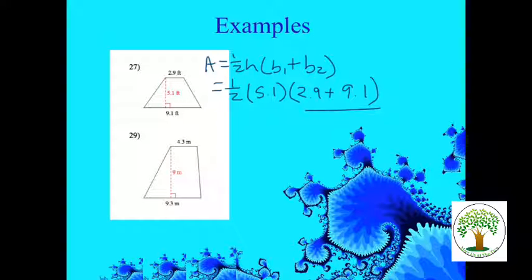So I'll do 2.9 plus 9.1, hit enter first. I'll multiply that by the 5.1, and then I will divide by 2 instead of multiplying by 1/2. And I got 30 point... And you guys got 30 point... Yes, 30.6. That's what I got. Okay. Feet squared. Yep, that's what I got as well. Okay, fantastic.